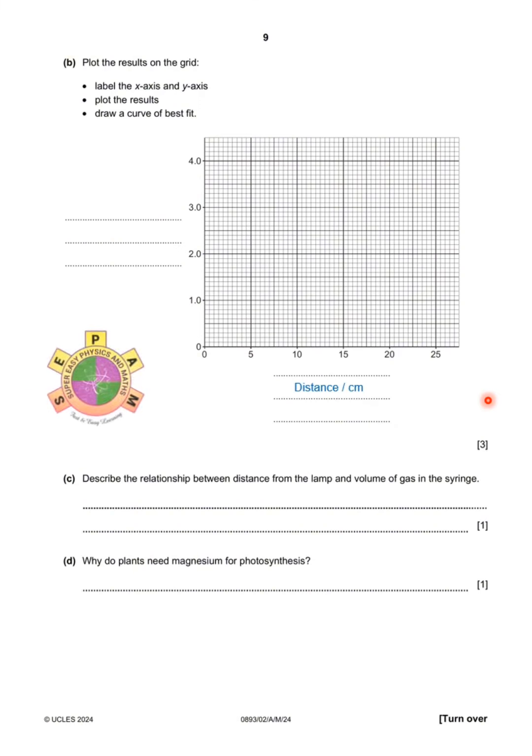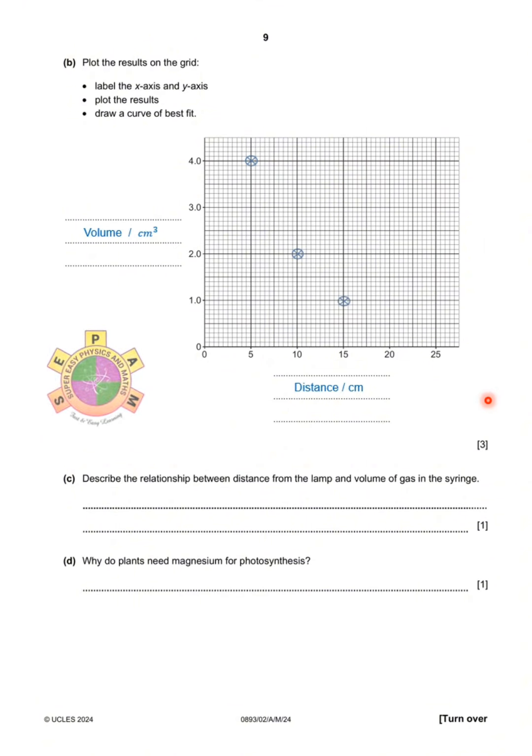So you have the distance, measured in cm, then the volume collected, measured in cm cube. Let's plot that. When the distance was 5 cm, 4 cm cube of gas was collected. When it was 10, 2 cm cube was collected.